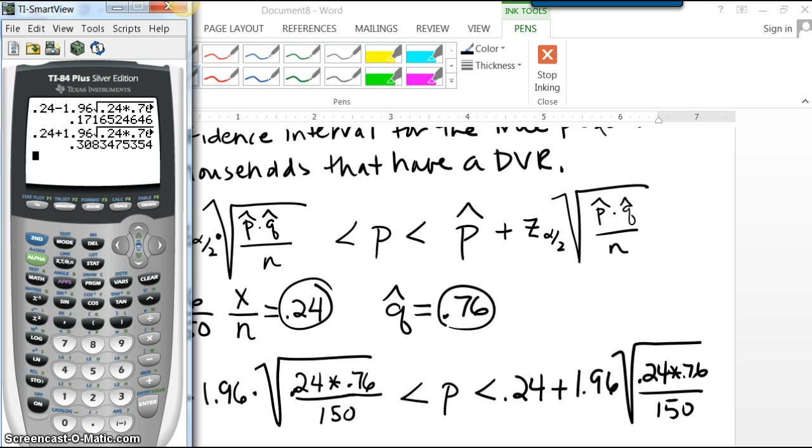Right side 0.308, so about 31%. So I'm going to write down decimals on this. So 0.172 and 0.308.